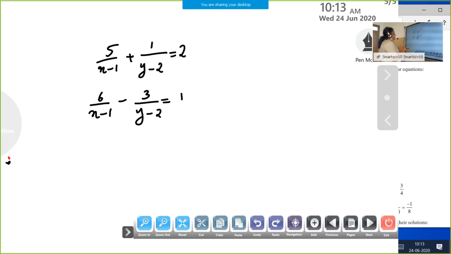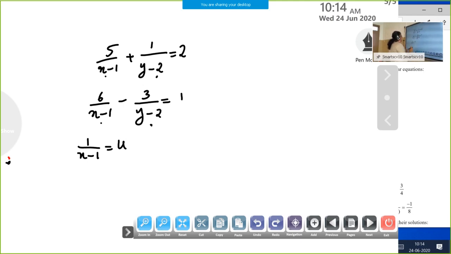Given the equation, make it a linear equation using substitution. Listen. Here, the first term is 1 by x minus 1, and the second equation also has 1 by x minus 1. Likewise, y minus 2 appears in both equations. Then we put the substitution: 1 by x minus 1 is equal to u, not 1 by x.